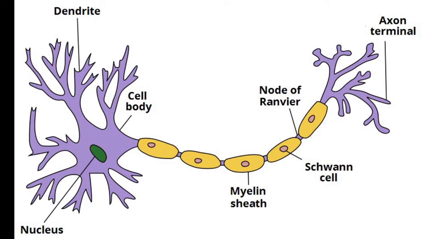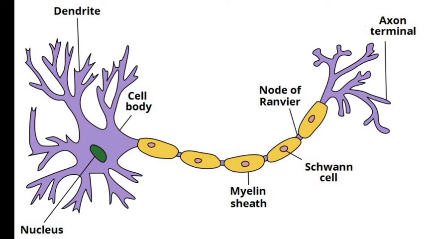Okay, and we also explain that neurons are of three types: sensory neuron, motor neuron, and relay neuron. Remember always, sensory neuron means transmit message from the sensory cells toward the central nervous system. Motor neuron transmits messages from the central nervous system towards the muscles.